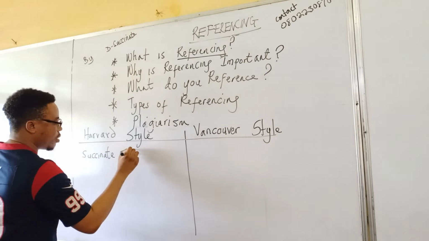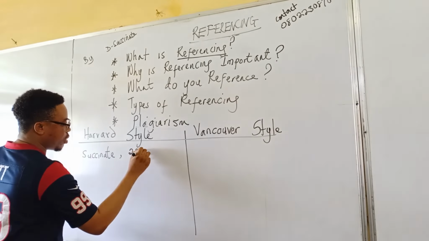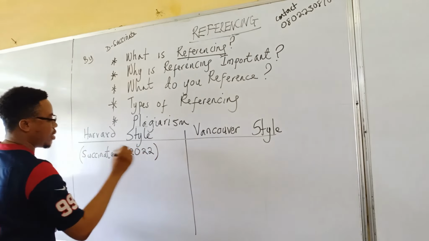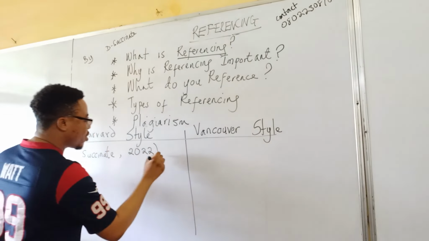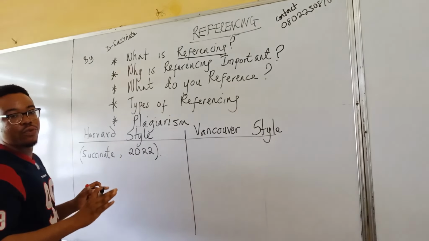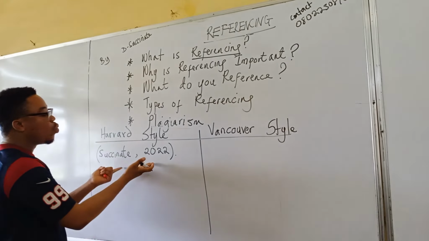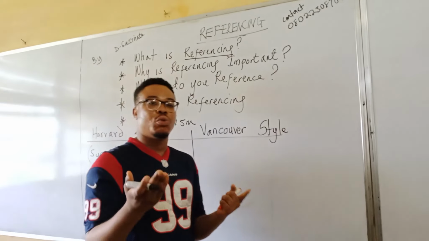Please take note of that. Year, let's say 2022. Then put bracket. And this usually occurs within the text of the writer. Please take note of that.